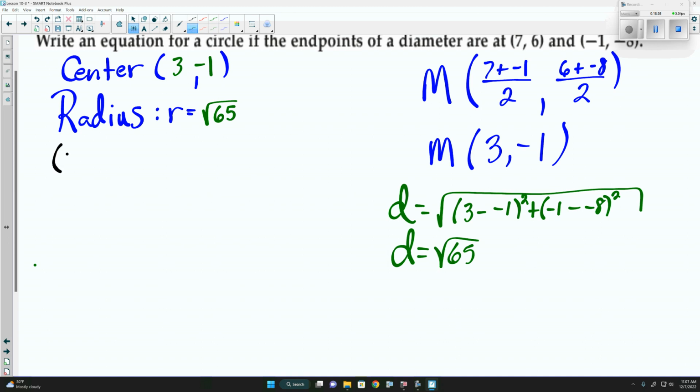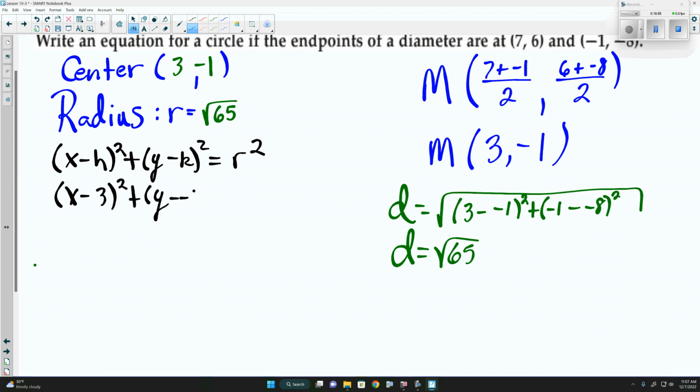Now again, here we're just finding the equation of the circle. We just need to plug our information in. (x minus h) squared plus (y minus k) squared is equal to r squared. Well, h in our case is 3, k is negative 1, and r is the square root of 65.